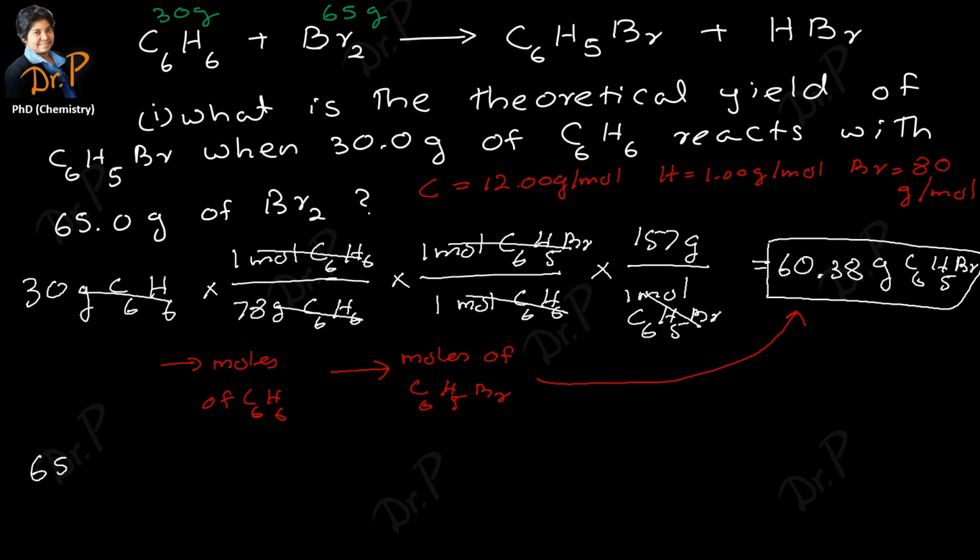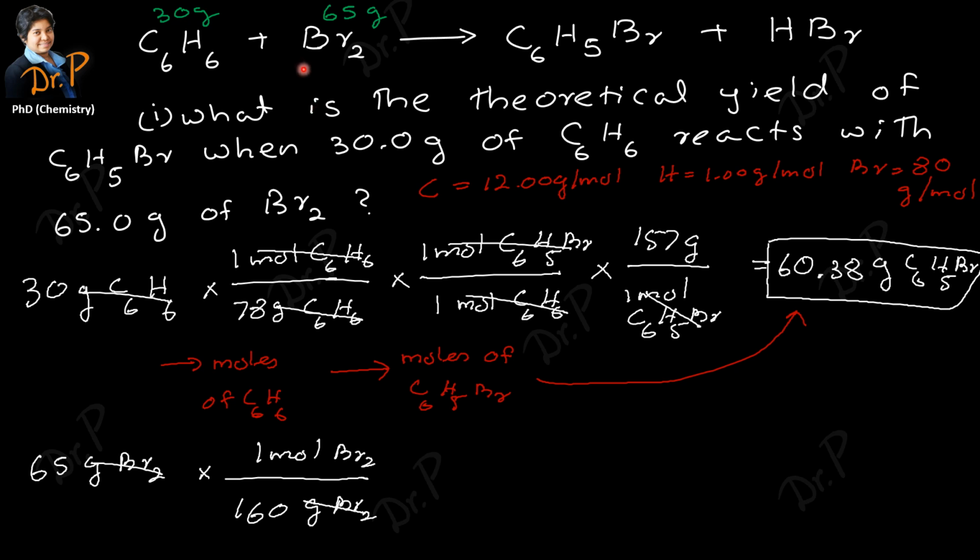This is 65 grams of Br2. Bromine molar mass is, 1 bromine atom is 80, so Br2 is 160 grams per mole. So I'm going to arrange it as 160 grams of Br2 is 1 mole of Br2.